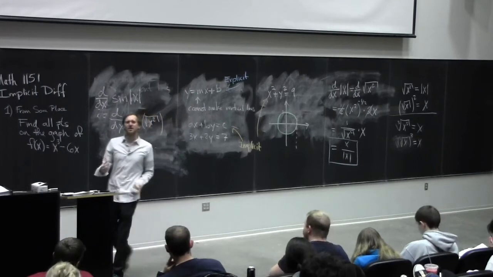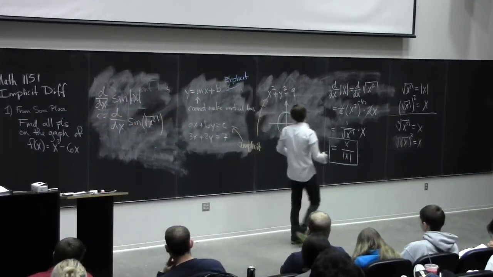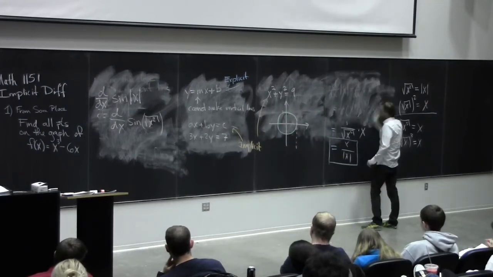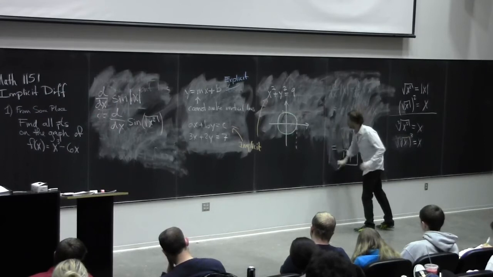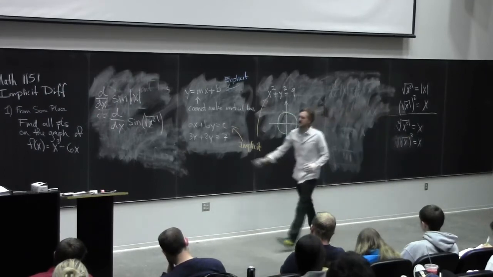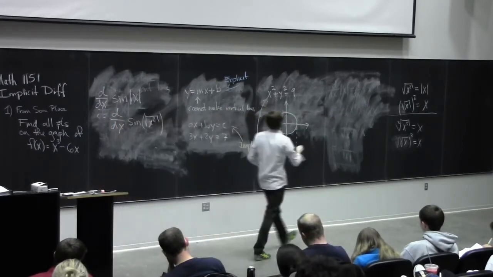We'd like a formula for the slope of the tangent line. But we don't really want to solve and do algebra with this. We want to be able to sort of take the derivative without solving for y. Let's write that down. That's really important. We want to be able to take the derivative.